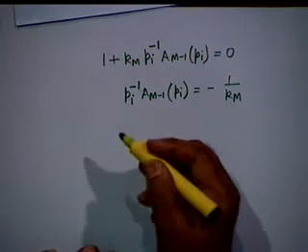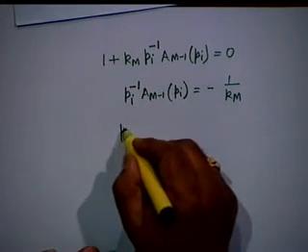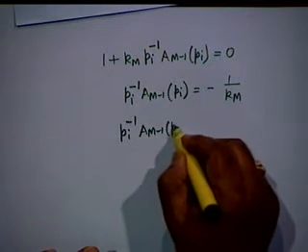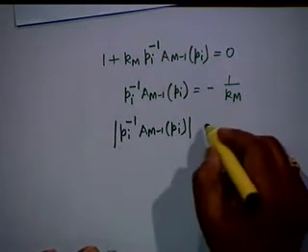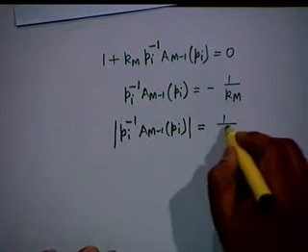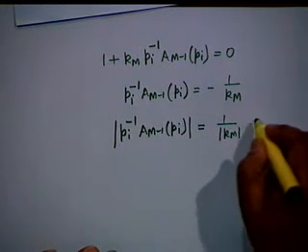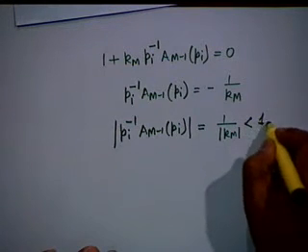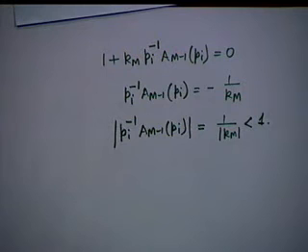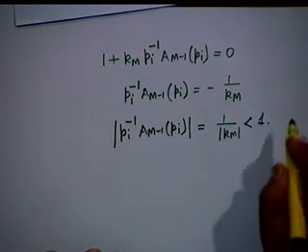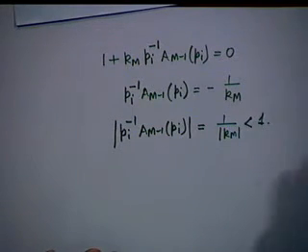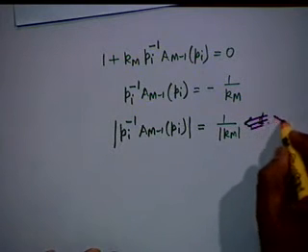Agreed? If I take the magnitudes on both sides, then the magnitude of p_i inverse A_{M-1}(p_i) should be equal to 1 over the magnitude of K_m, that is, less than 1? Is that okay? Less than 1 or greater than 1? Do not allow me to make a mistake. This is greater than 1.